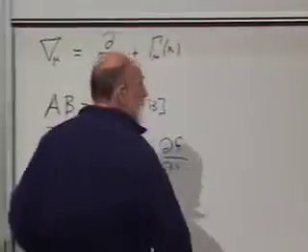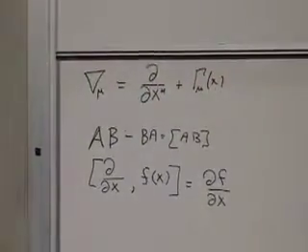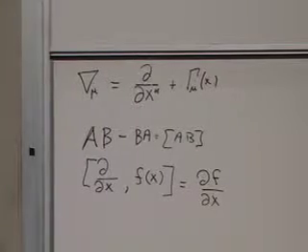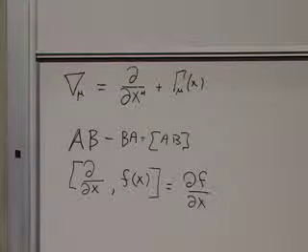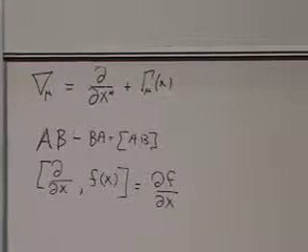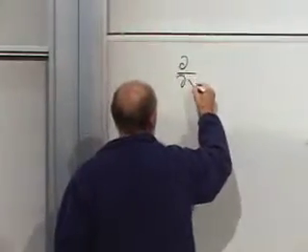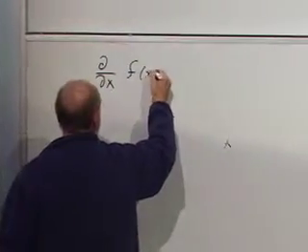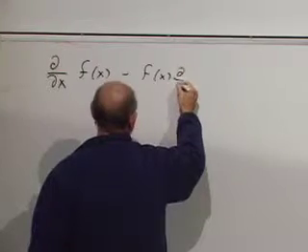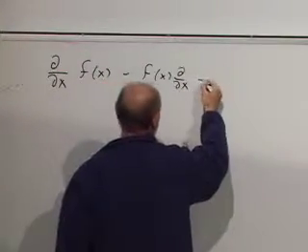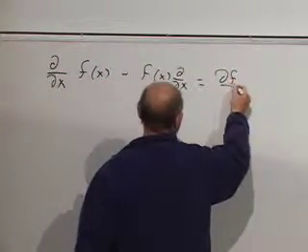Keep this in mind. We need a basic little theorem that I'll just write out in longhand. d by dx times f of x minus f of x times d by dx is the same thing as df by dx.